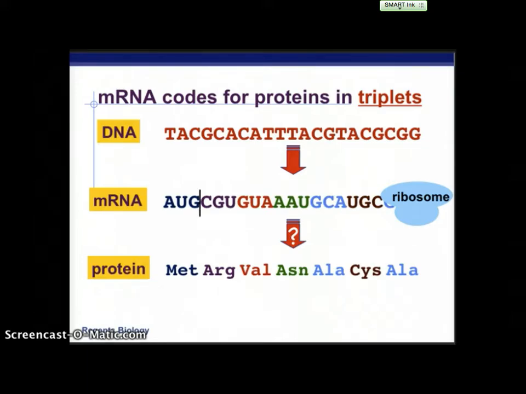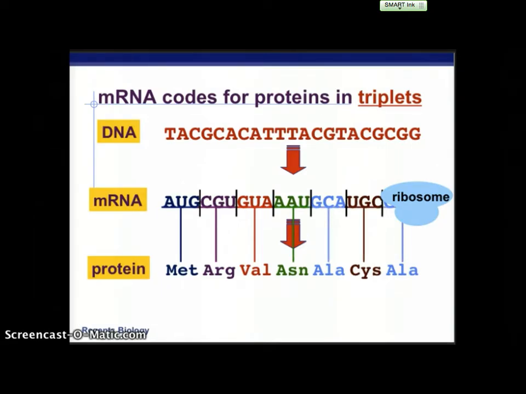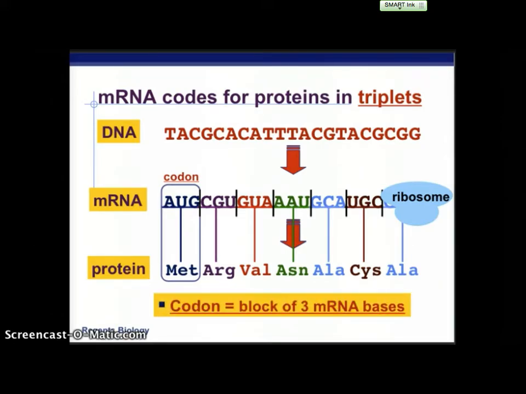So the first three, the next three, and so on. We call this a codon. A codon is a block of 3 mRNA bases.